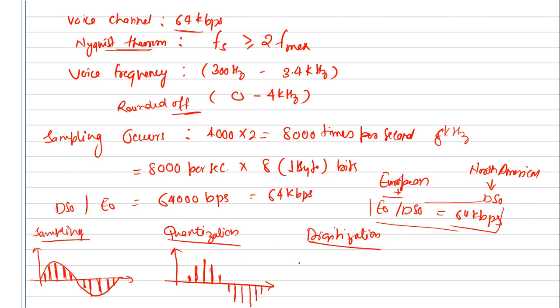Then once we are digitizing it, in this format, what will it be? It will be converted to zeros and ones. So you can represent them as 0 0 0 0 0 0 0 1. Then we have 0 0 0 0 0 0, let's say 1 1. So it will be converted to those formats.